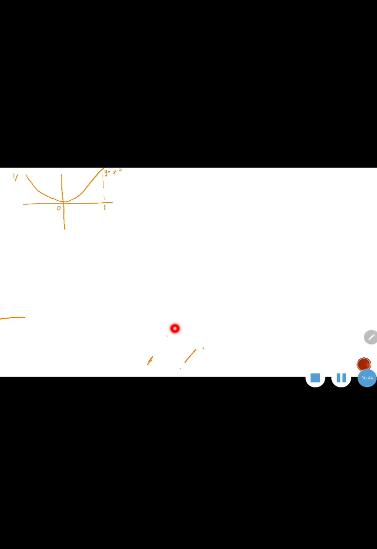So I'm going to pick 4 rectangles to use: 1, 2, 3, and 4. Since it is divided into 4 rectangles, the first one is 1 over 4, the second one is 2 over 4, then 3 over 4, and the final one is 1, which is also equal to 4 over 4. So now delta x is 1 over 4.